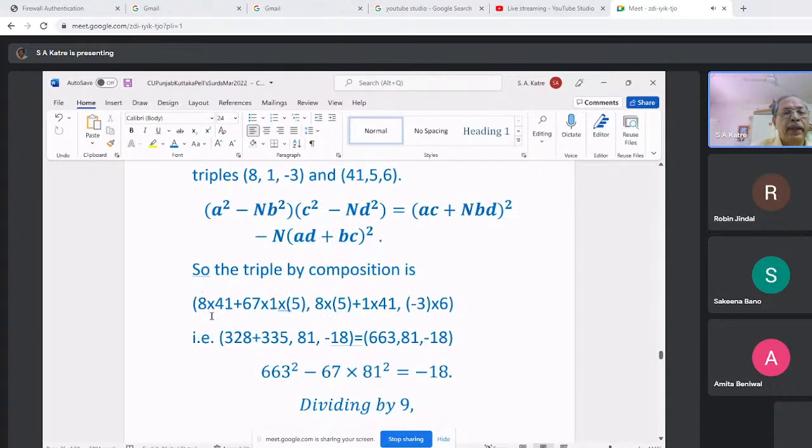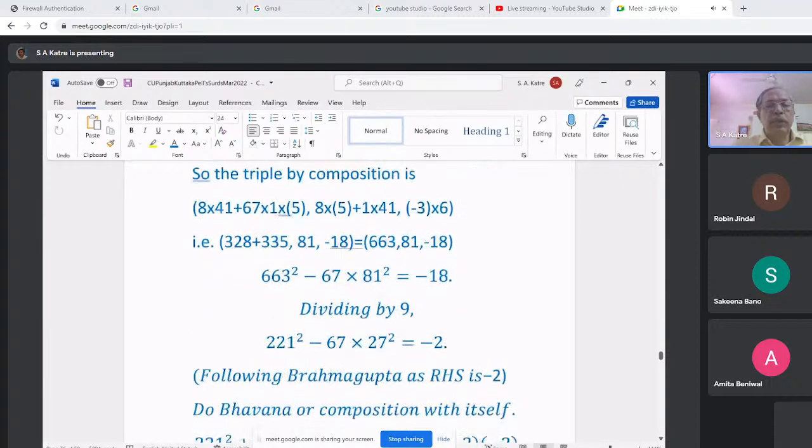So similarly, AC plus NBD, and AD plus BC. 8 into 41, plus 67 into 1 into 5. AD plus BC means 8 into 5 plus 1 into 41, means 40 plus 41, that is 81. And minus 3 into 6 is minus 18. So our triplet is 663, 81 and minus 18.